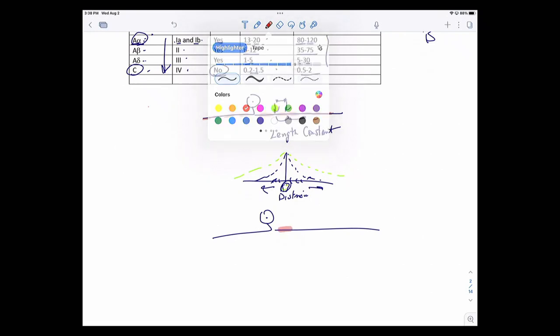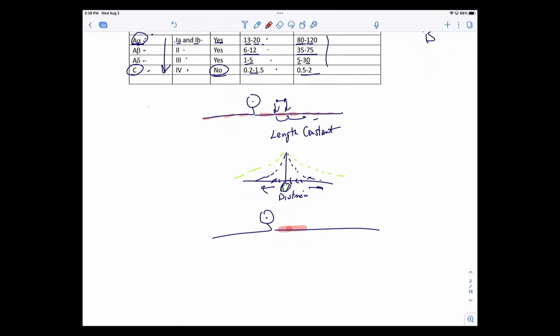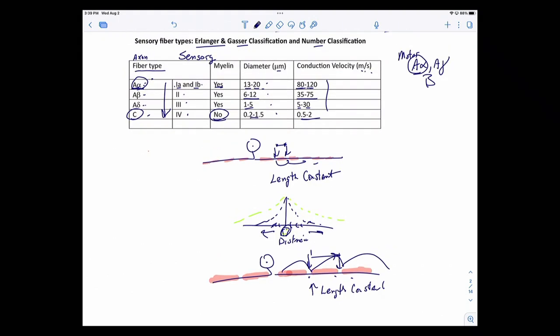Because I've got such thick, nice myelin, the distance between my nodes of Ranvier is greater. Why is it greater? Because I have a greater length constant. And a greater length constant allows those nodes to be farther apart, which means the saltatory conduction goes much more quickly.